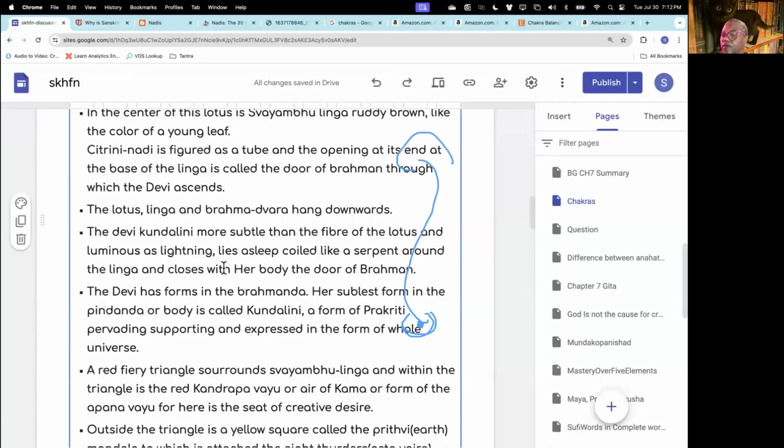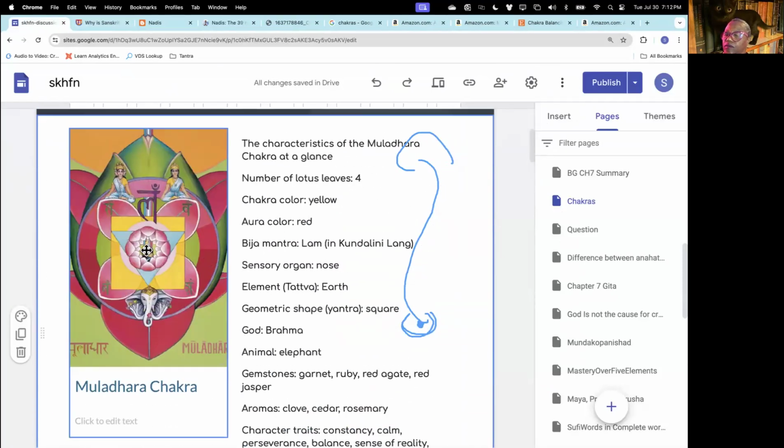Okay, here I can show you. You see here on this Mooladhara, this is the Kundalini. This whole thing is the Mooladhara. Kundalini is one very specific point here. So the Kundalini, this is called Bija Mantra, like Bija Akshara I said, is the LAM to activate the Kundalini, LAM.